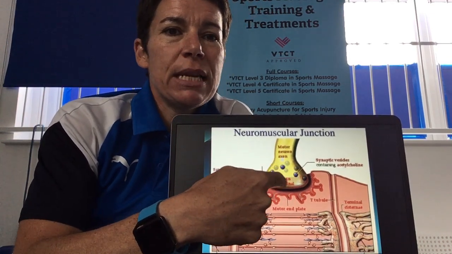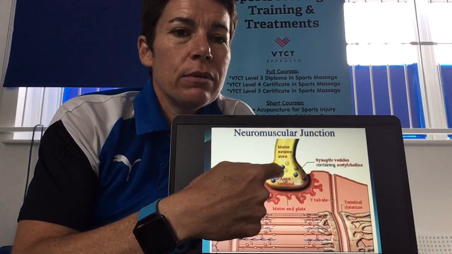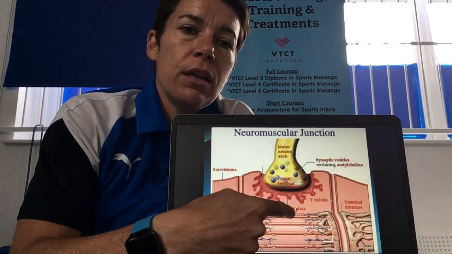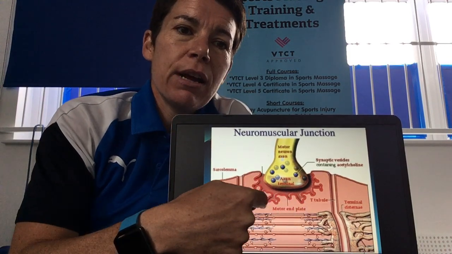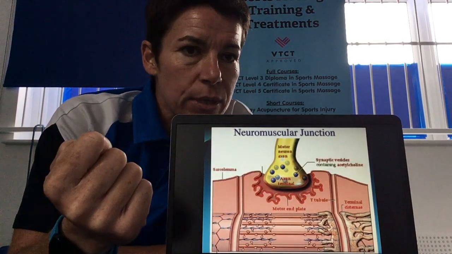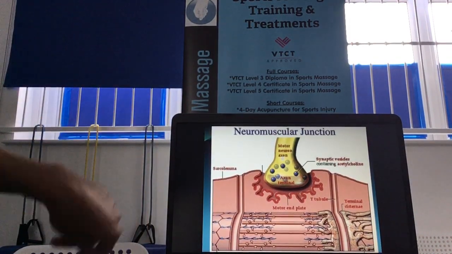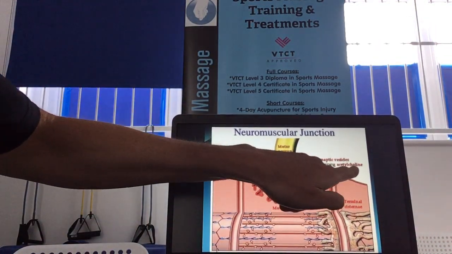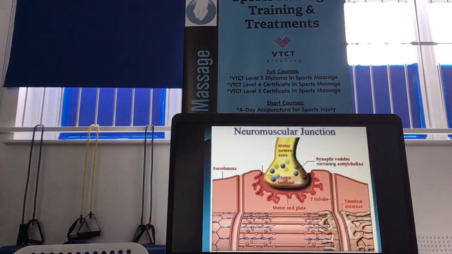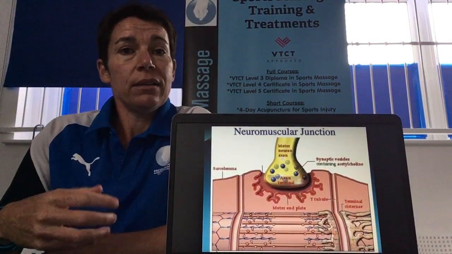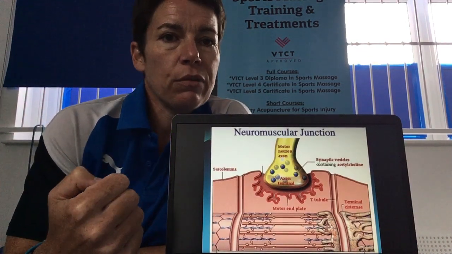A neurotransmitter is a chemical that will need to pass across into the muscle fibre to tell it to contract. Here we go. Can you see that? Acetylcholine. Acetylcholine is a neurotransmitter that will tell the muscle fibres to contract.